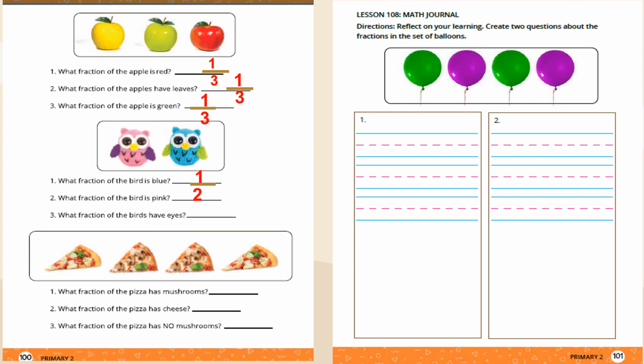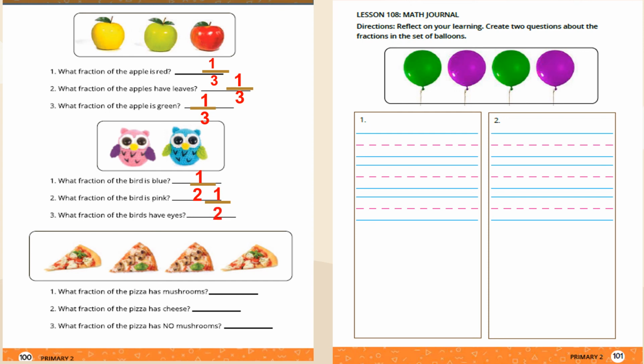Okay, what fraction of the birds is pink? Pink, my dear. Pink 1. Okay, we must put the fraction bar first, then 1 over 2.